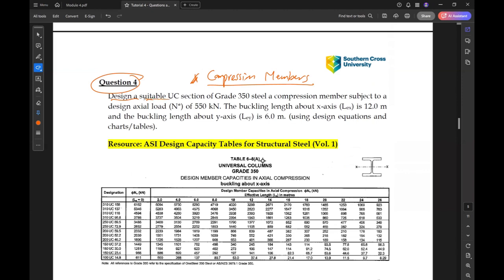It's required to design a suitable universal column section grade 350 compression member subject to a design axial load of 550 kilonewton. The buckling length about the x-axis, LEX, is 12 meter and the buckling length about LEY is 6 meter, using the design equations, chart and table.